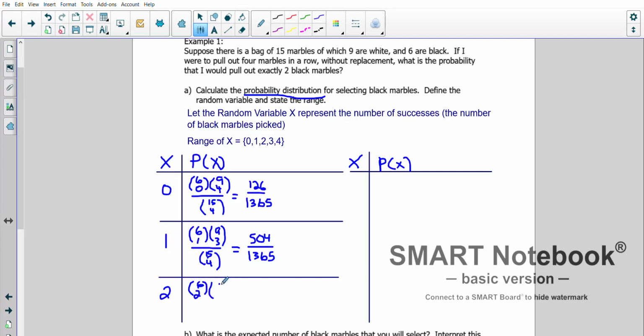That means I'm going to be picking exactly 2 white. Alright, so that should be 540 over 1365.